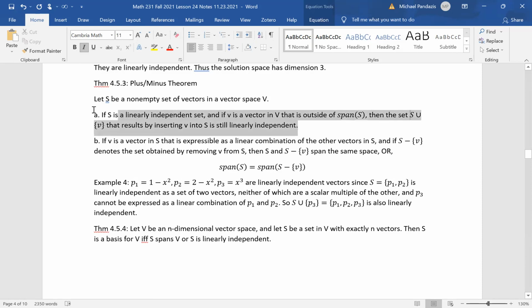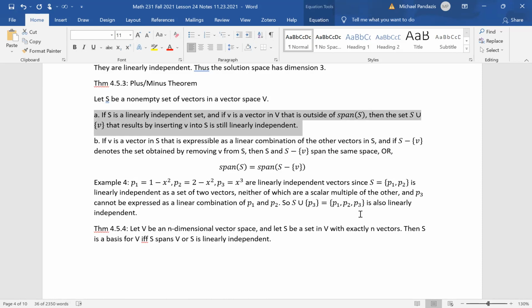So by part A of the plus minus theorem, since you have a linearly independent set S, and p3 is outside of the span of that set, then including p3 in the set results in a still linearly independent set. And so S union the set containing p3, or the set {p1, p2, p3}, is also linearly independent.